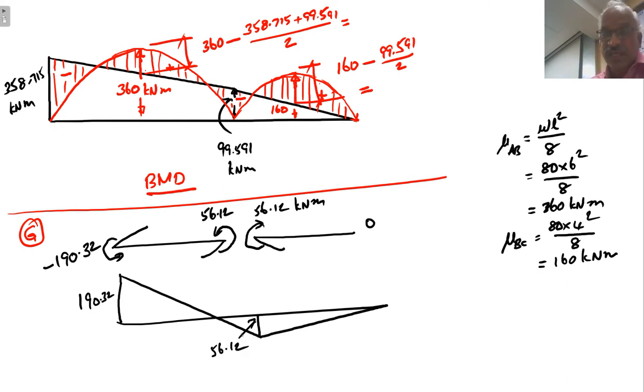And then for the given loading, we have adopted 80 kN per meter. So they have adopted some 60 kN per meter. If I am correct, it is 50. So for 50, the moment at the center here is 100. So for this span, it is 100.